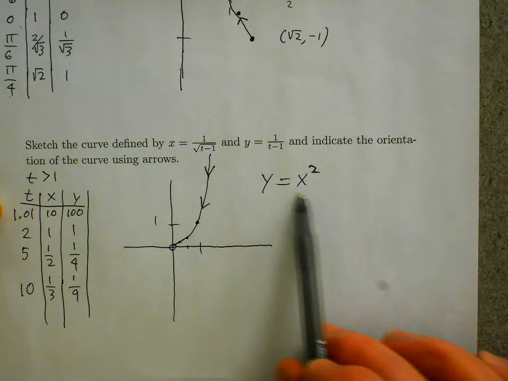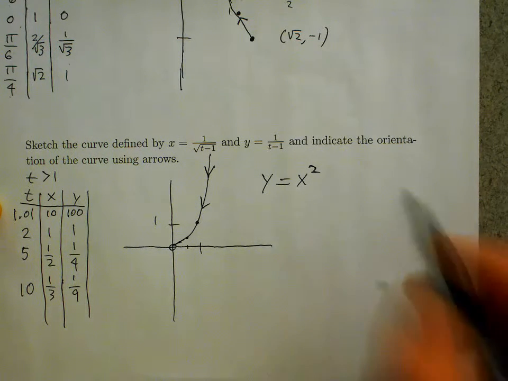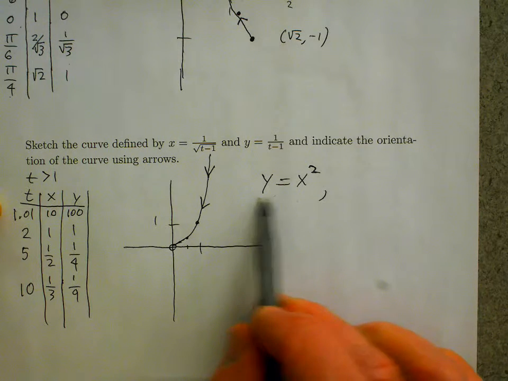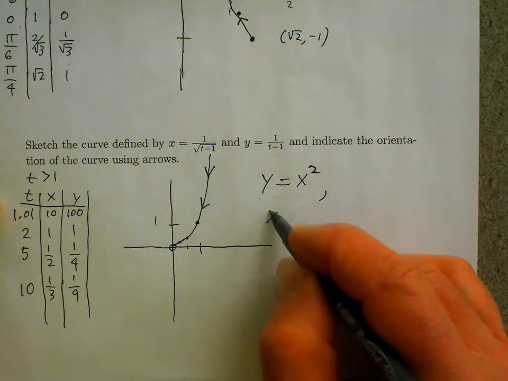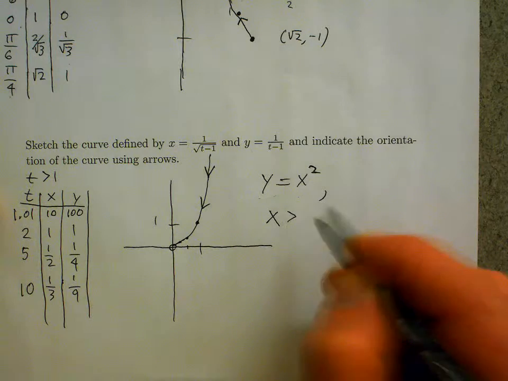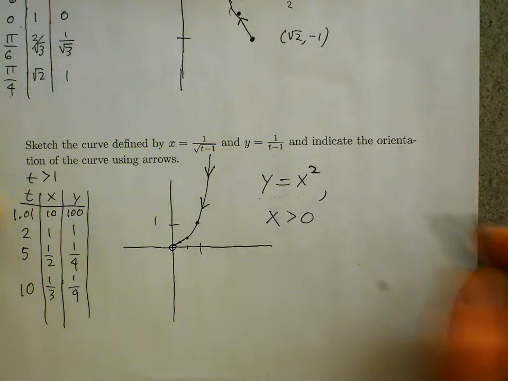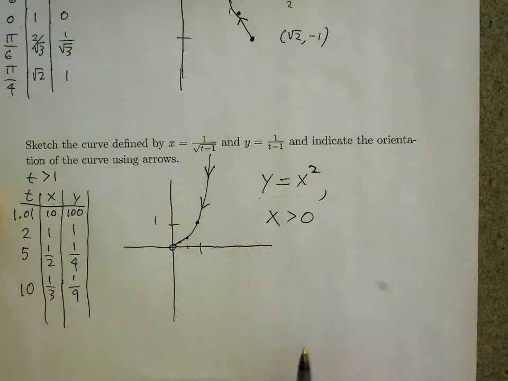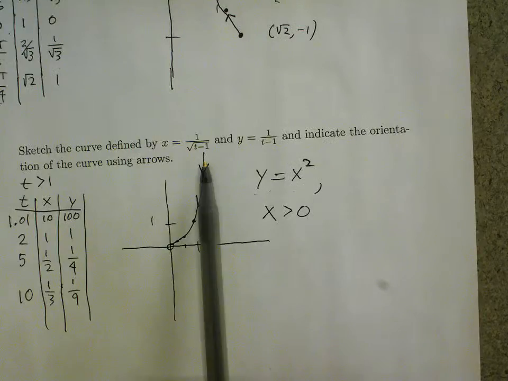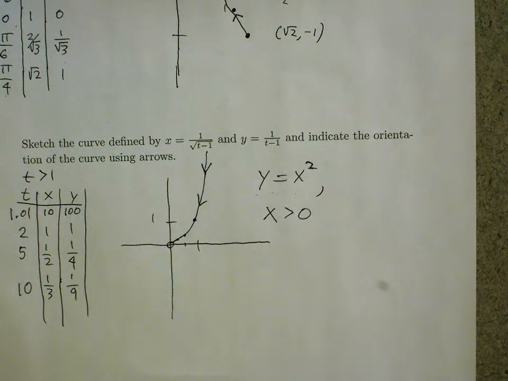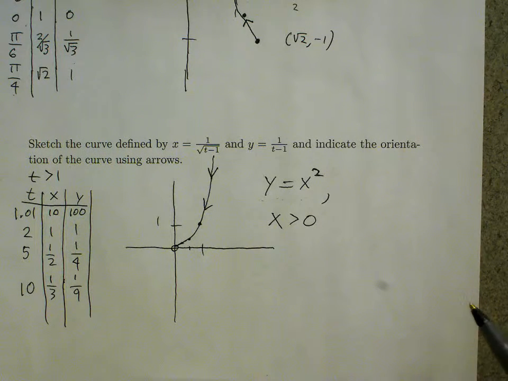But we would say, to make it conditional, x is strictly greater than 0. X can't be 0 itself because of how it's defined up here. Okay, let's move on to the next example.